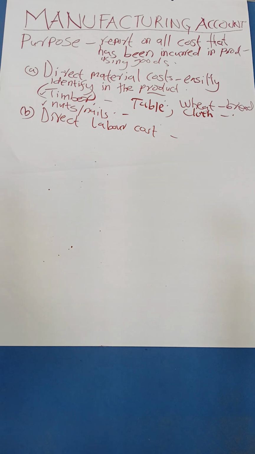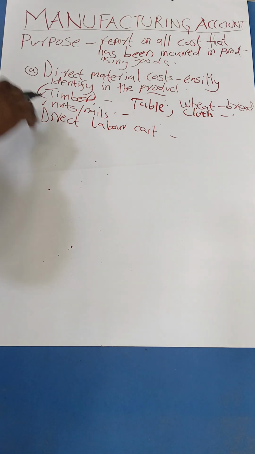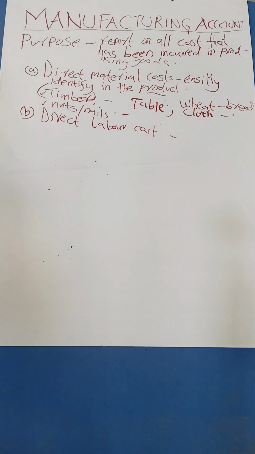We say direct labor cost since this is the labor cost which is directly associated with that product. These people we are going to pay have directly associated themselves. They are on the ground, playing a major role there. They are there to make sure that we see the end product. So these employees we are going to pay are on the ground, making sure that at the end of the day we will have the final product.